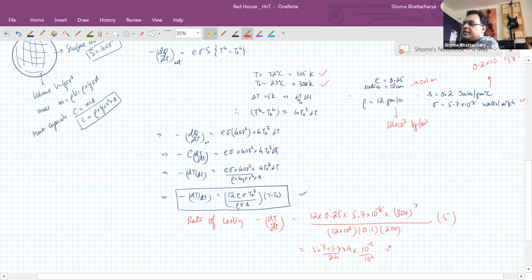So in Kelvin per second, it will be very small actually, the rate of cooling. Sorry, this should be 27 and not 9.